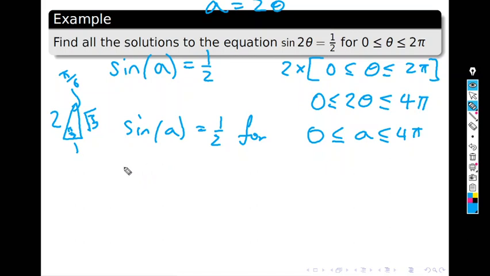So sine of pi on 6, opposite over hypotenuse, is going to give me a half. So in the domain of 0 to 4 pi, one of the values for A is pi on 6.